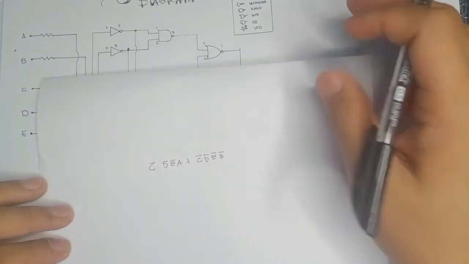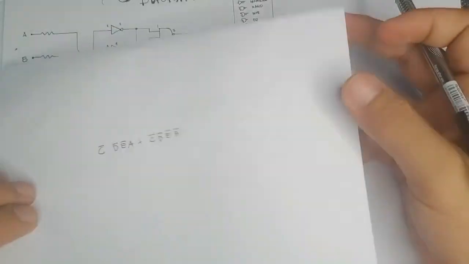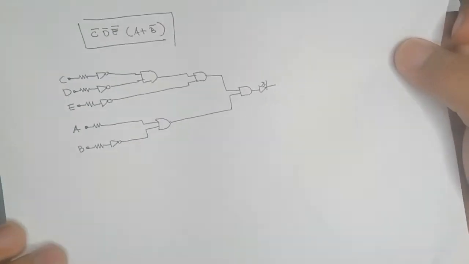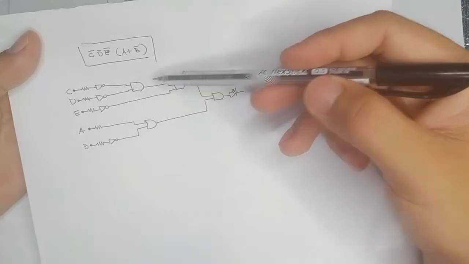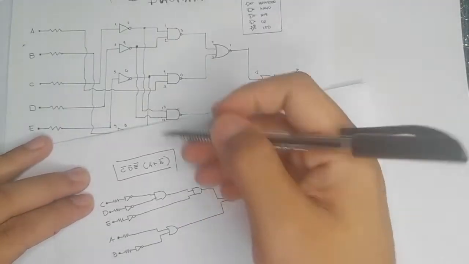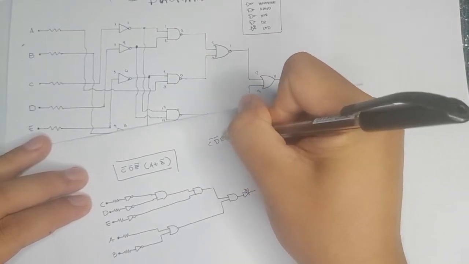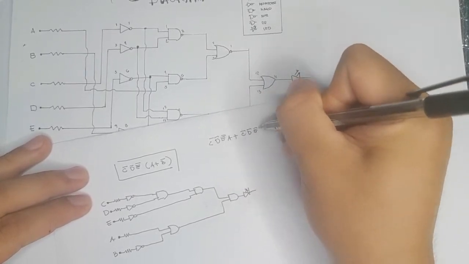There are many ways for us to make a schematic diagram of it. First, this is one of the schematic diagrams that some of us use. So we can just add two AND gates, we just need to derive this one. The simplified equation was C bar D bar E bar A bar plus C bar D bar E bar B bar.